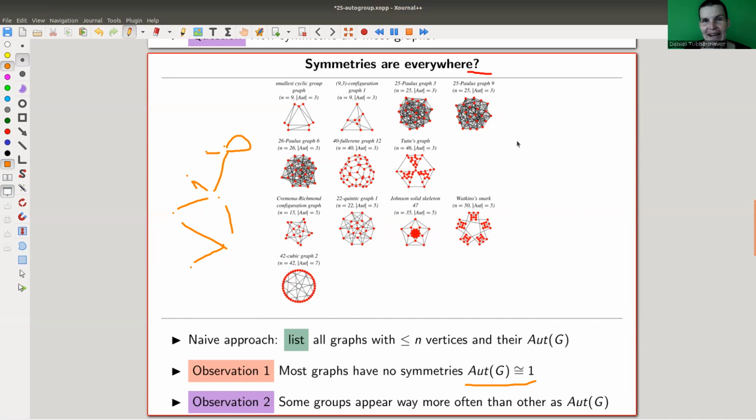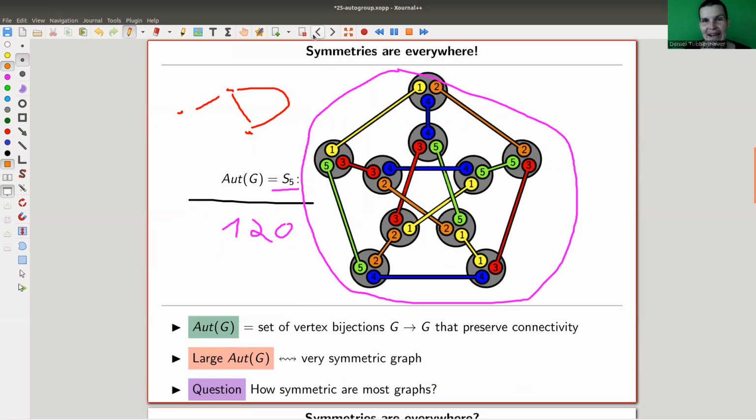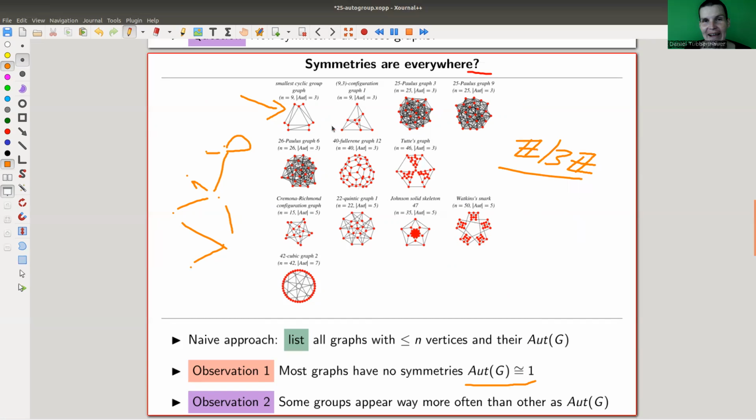My favorite example is a very small group, Z mod 3, right? That just has 3 elements, but the smallest graph with that group actually has 9 vertices. So here we have a group which is really large, and we only have 10 vertices. And here, to realize this group, we need at least 9 vertices.